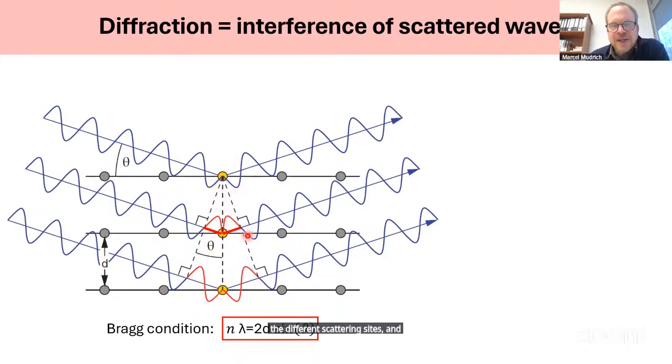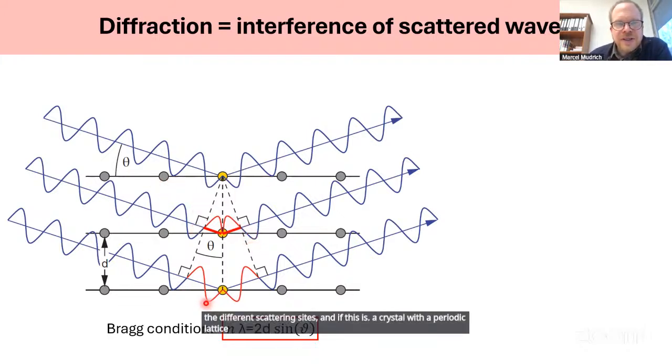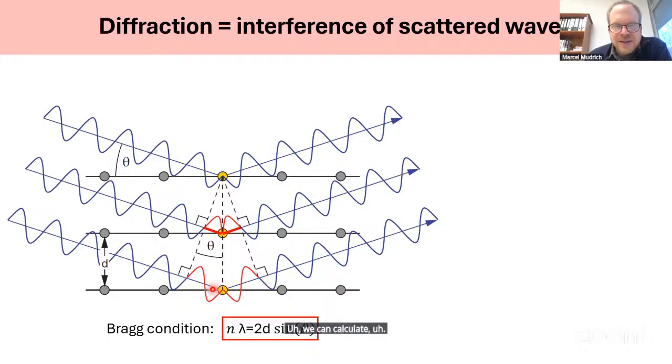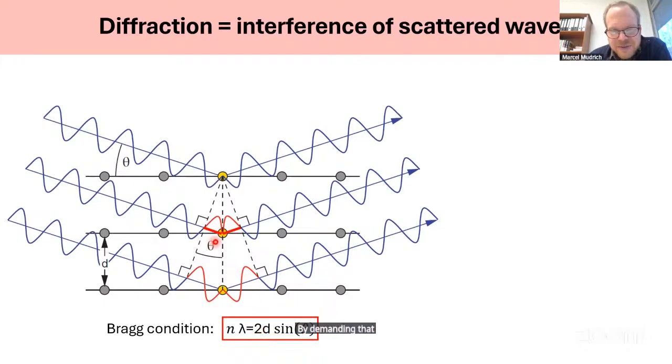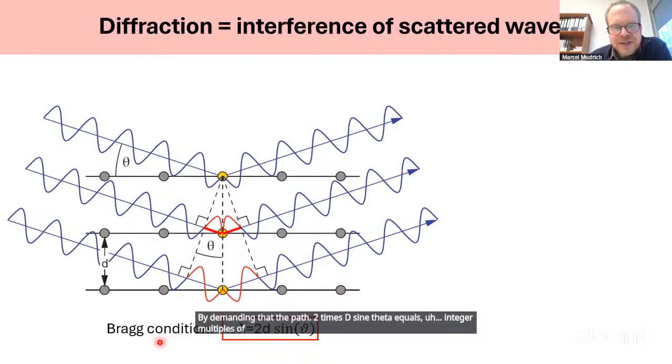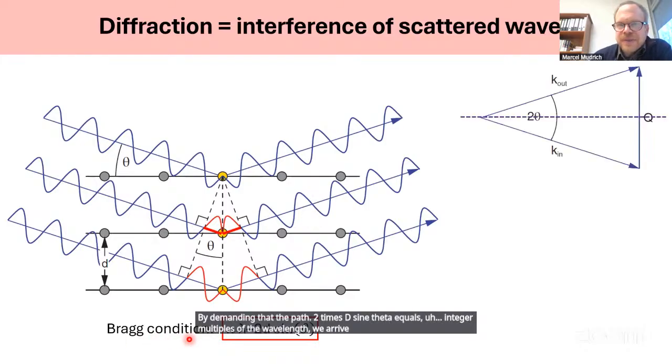And if this is a crystal with a periodic lattice arrangement, then we can calculate the path difference between the individual rays, right? And by demanding that the path difference 2 d sine theta equals integer multiples of the wavelength, we arrive at the Bragg condition.